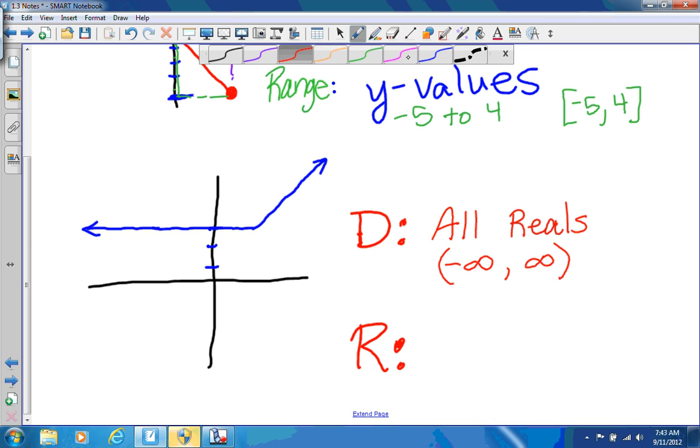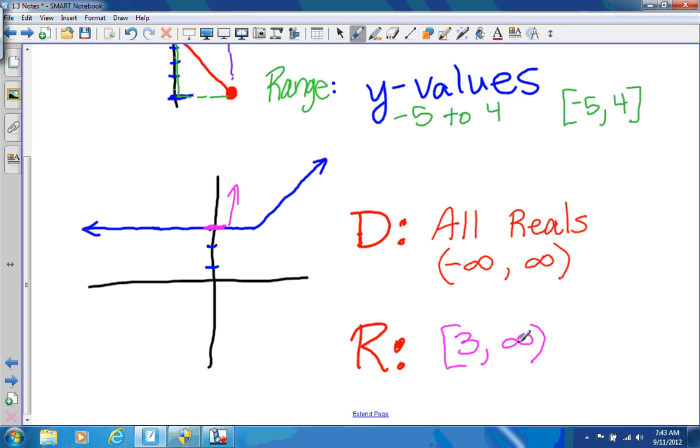Then our range for this particular function would be anything above this point, and also including this point because it's a line running right along there. So that's +3 to infinity. Parenthesis on this end, a bracket on that end for the range because it does include +3.